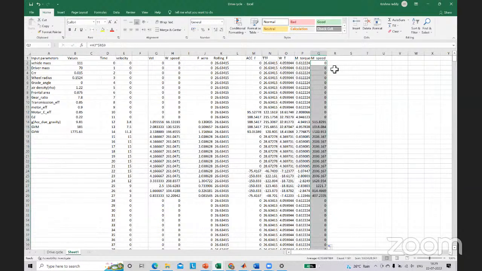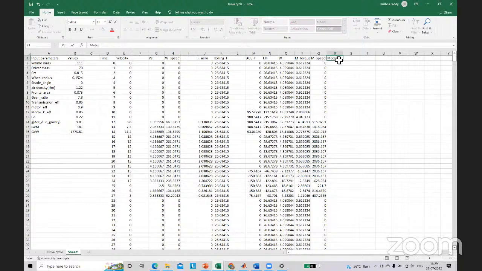Once we know motor speed and motor torque, we can calculate motor power, that is motor output power.